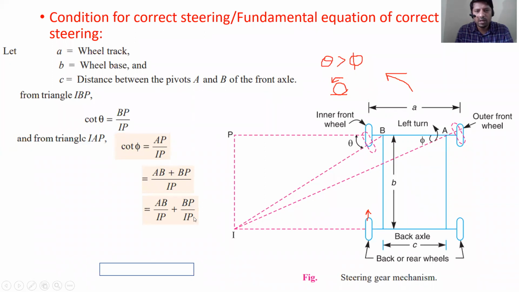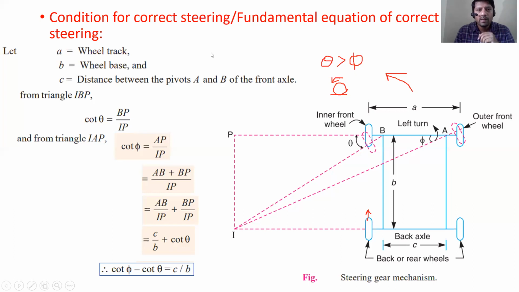Okay, and what is BP upon IP? You can see here, cot theta is BP upon IP. So I can write this equation as cot phi is equal to C upon B plus cot theta. And finally I will get an equation: cot phi minus cot theta should be equal to C upon B. Okay, this particular equation is called the fundamental equation of correct steering.